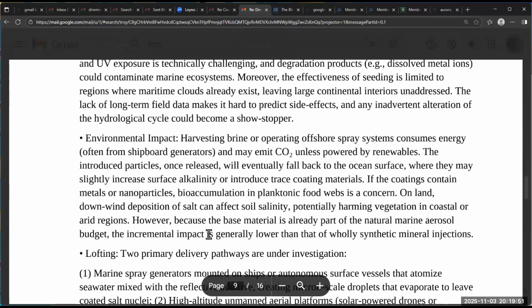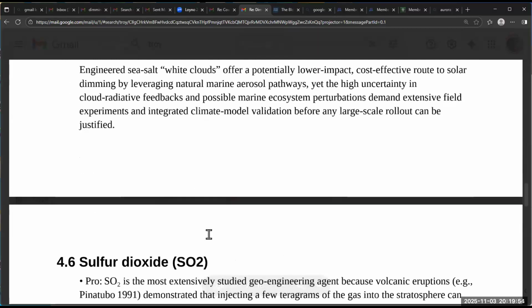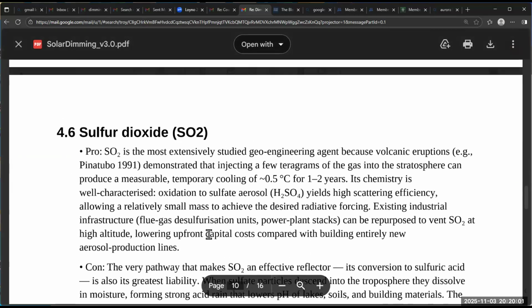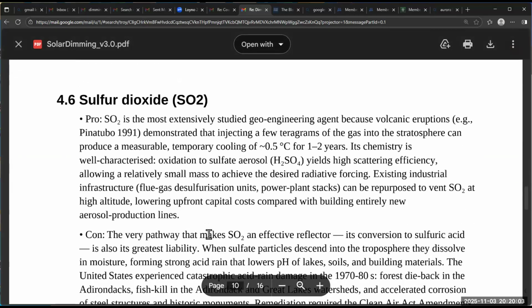Y'all have the document. You can go through it yourselves. But the worst of them are probably diamond and sulfur dioxide, which rank similarly badly.